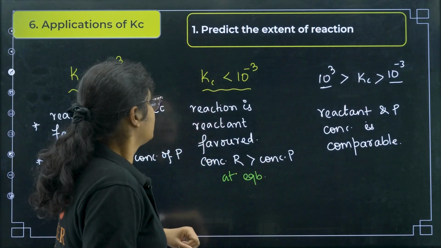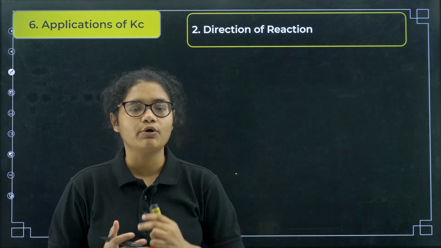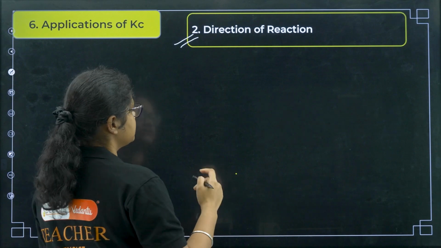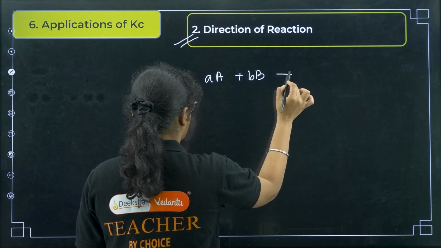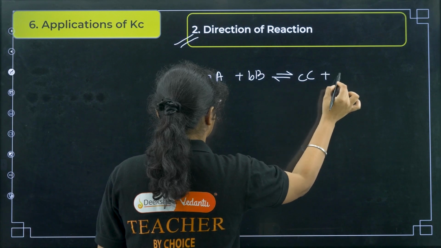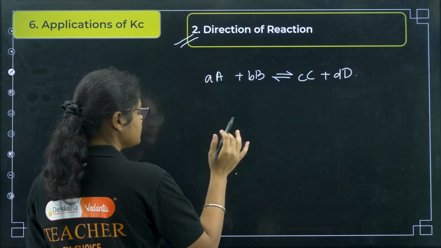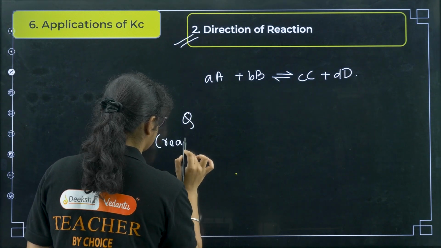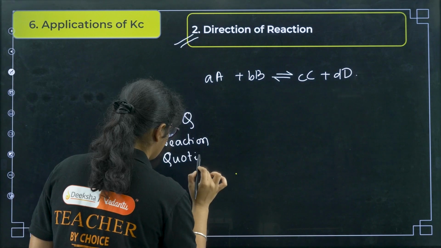Next, coming to the second application, that is direction of reaction. This is very important. From here you can expect questions. Now suppose a reaction is there, aA plus bB gives you cC plus dD. There is something called Q, or we can call it the reaction quotient.